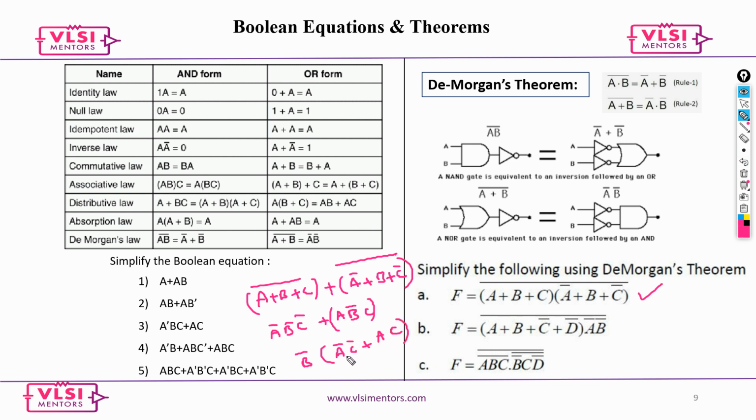So what is this value? What would be this value? 0. Say for example, if this is 0 0, 1 1, so it is going to be 1.